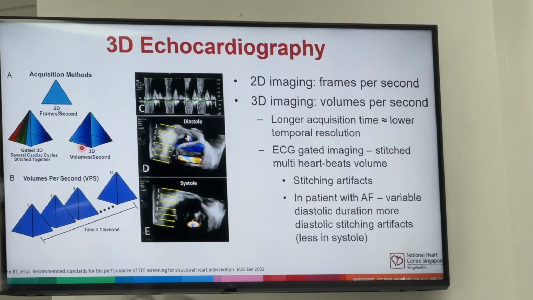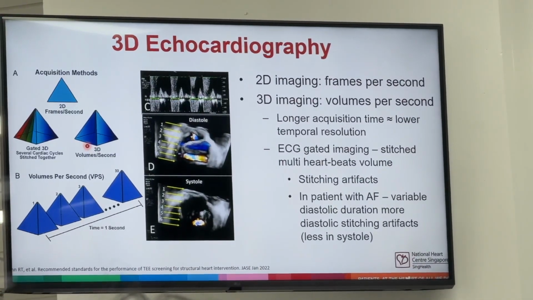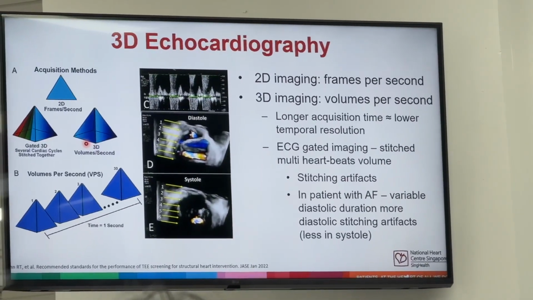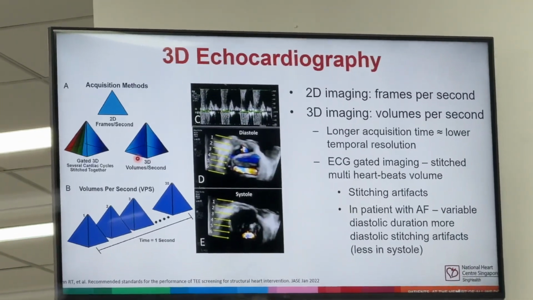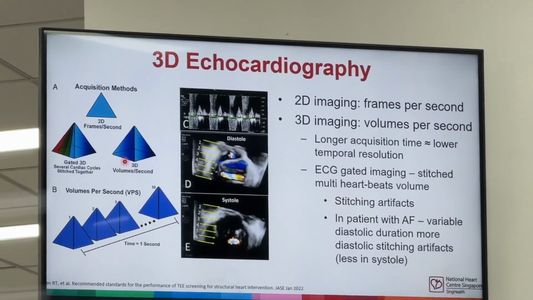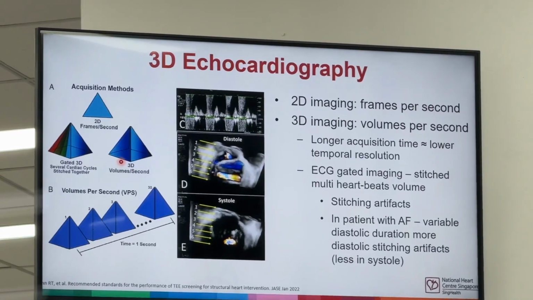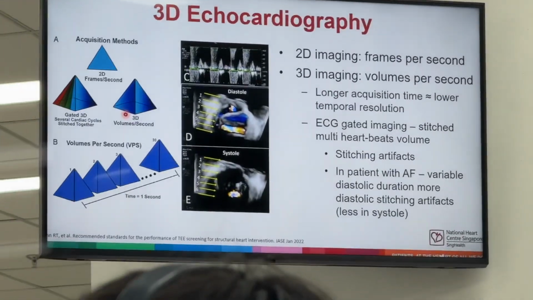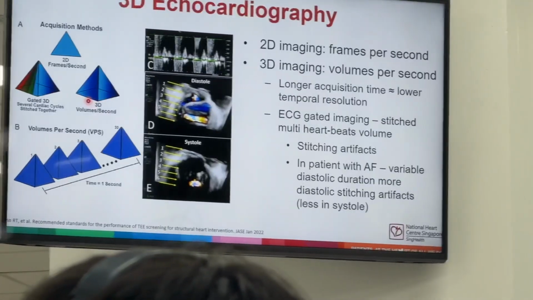In 3D echocardiography, we take a volume of image, and the larger the acquisition volume and the wider the image is, the longer the acquisition time, and therefore the lower the temporal resolution. At the moment, three-dimensional echocardiography still has lower resolution than two-dimensional echocardiography. This is one of the limiting points, but it's getting better and better in recent years.